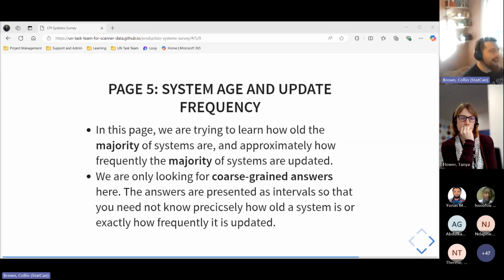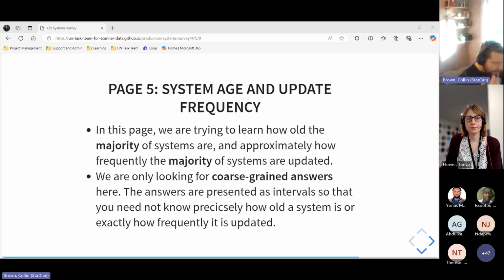We want to exclude those because they're not really related to the system. But anything that's an important update to the system itself, like the examples you gave, would be included and considered a large update. For example, in our case, formulas. Yes, that would absolutely count. If you made a change to your price index formula, that would definitely count.